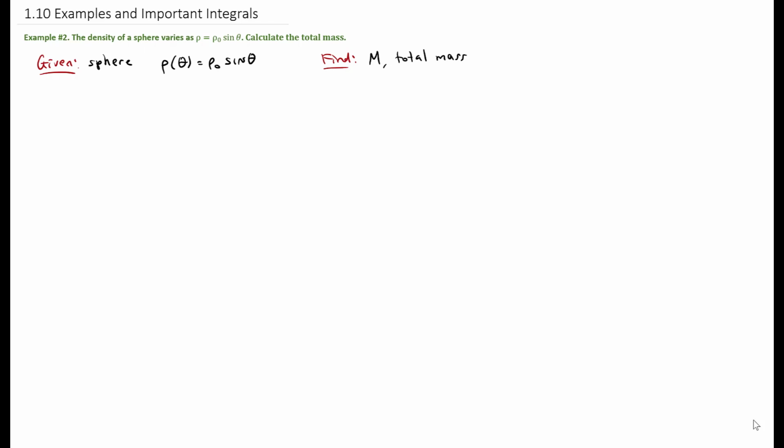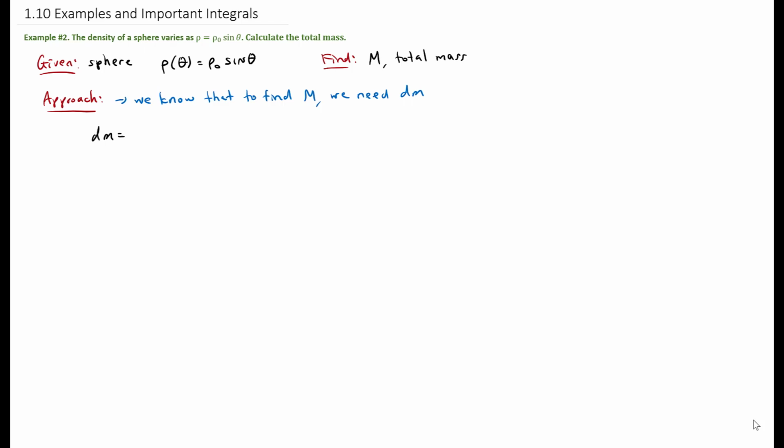Now let's start with our approach. In order to find the total mass, we're going to have to integrate the differential mass element. So to find M, we need dm. So that's going to be our first step.